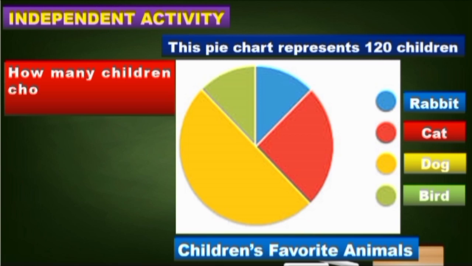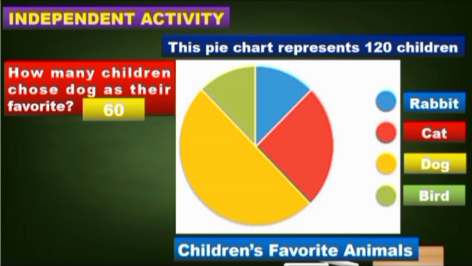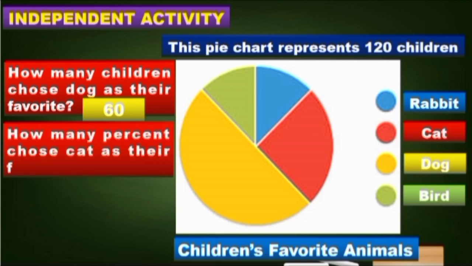The question, how many children chose dog as their favorite? What is the answer? The answer is 60. Very good. The next question is, how many percent chose cat as their favorite? What is the answer?